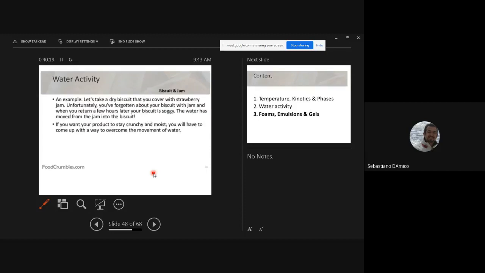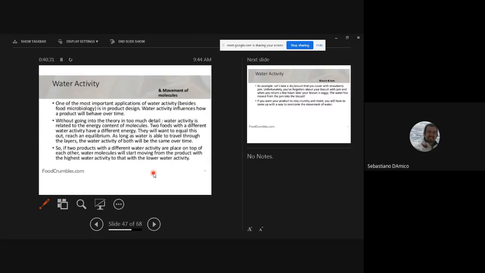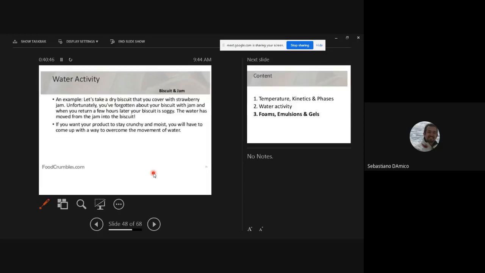The biscuit will become very soggy. Water activity respects this principle: the highest water activity will affect the one with lower water activity. So the biscuit becomes soggy.